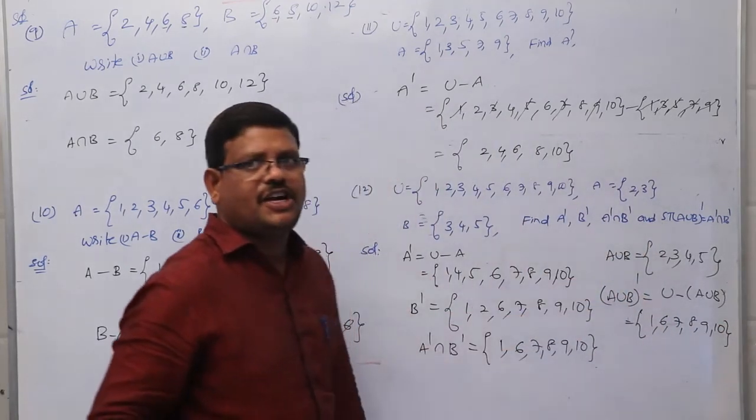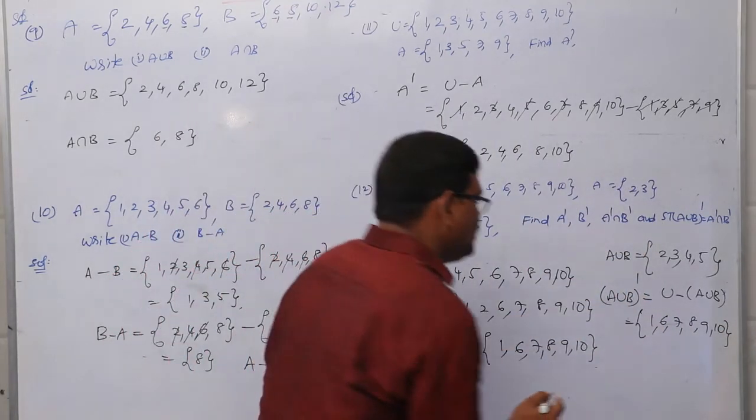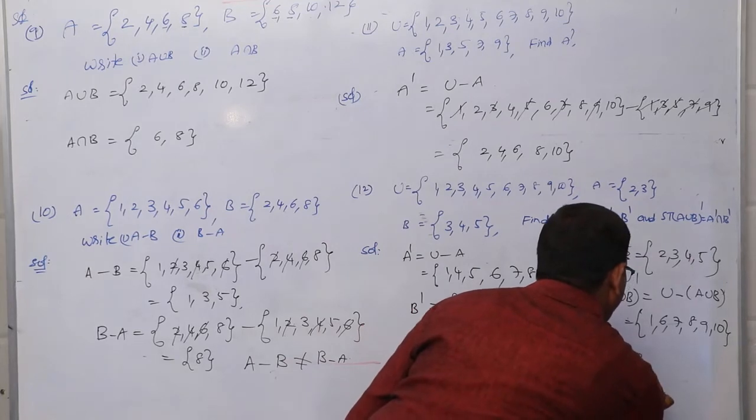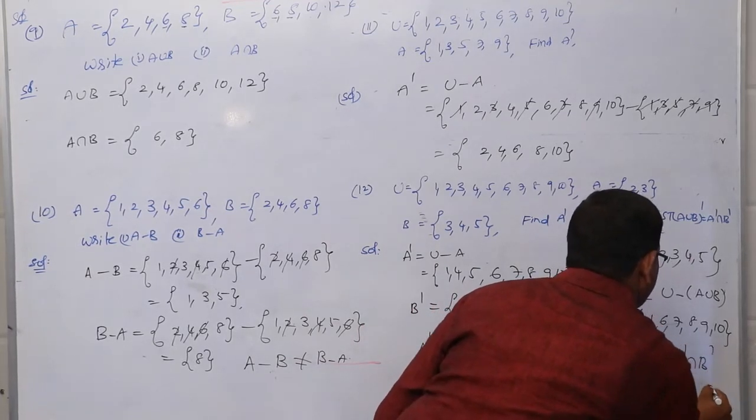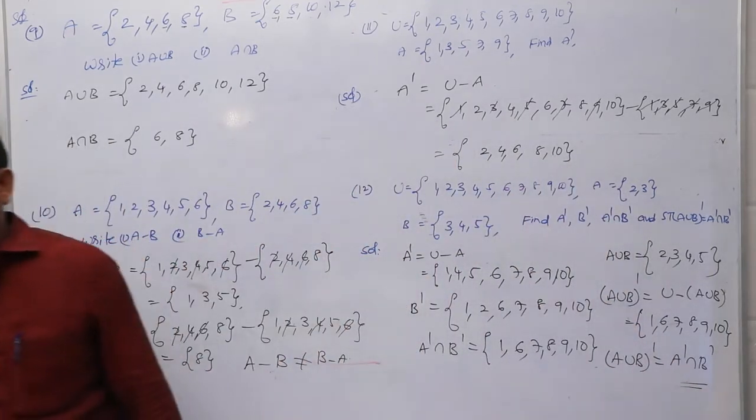From this, we observe that (A union B) whole dash equals A dash intersection B dash.